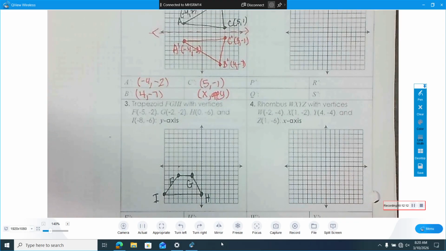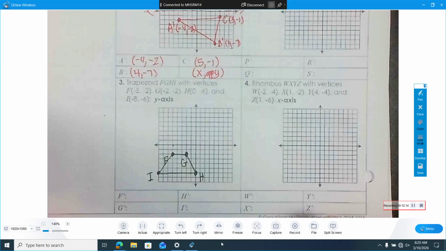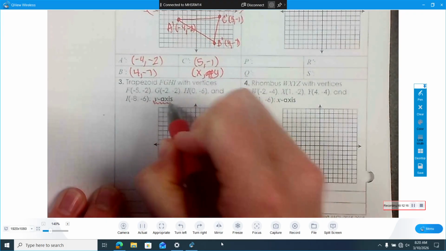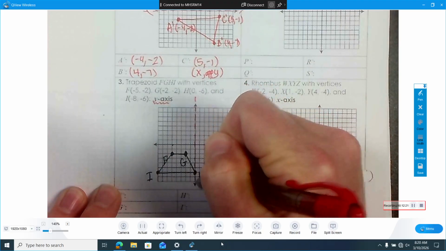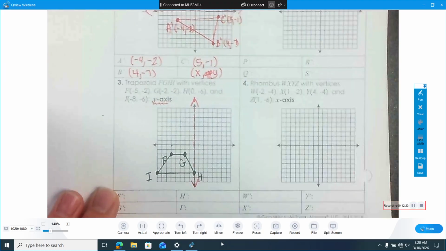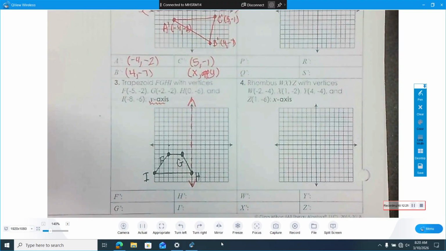All right, so we're looking at a trapezoid here, and we're reflecting over the y-axis. So here is my y-axis. So here is my line of reflection, that dotted red line there. So what we're doing is we're taking this trapezoid and flipping it over across that y-axis, okay?